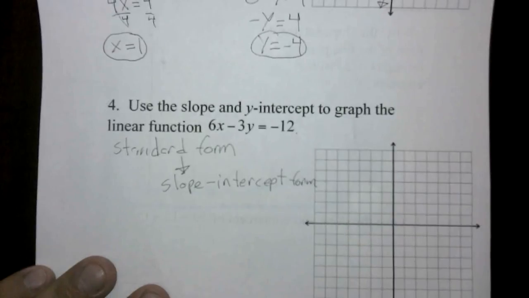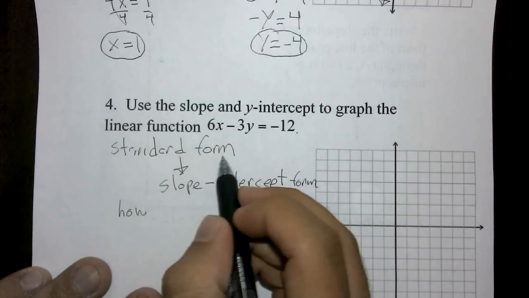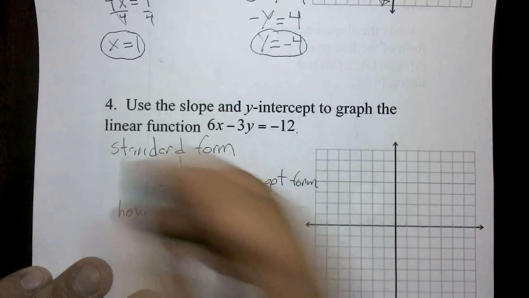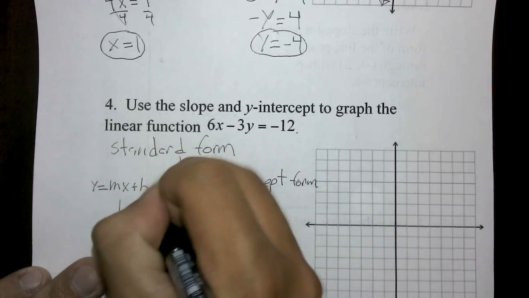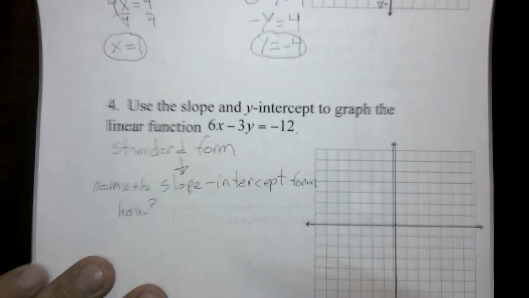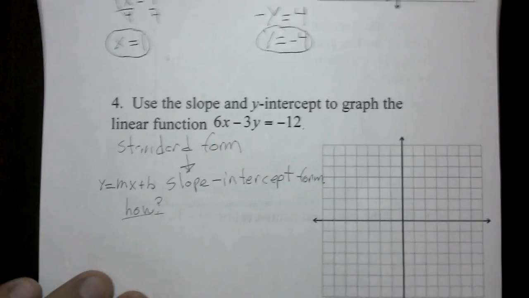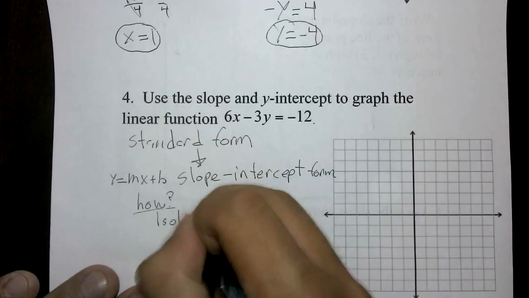I'll give you a moment to think, how can we do this? How can we go from standard form to slope-intercept form? From this to an equation where it's y equals mx plus b. How can we go to that? Well, we know that y is isolated in slope-intercept form, so we could begin to isolate y.